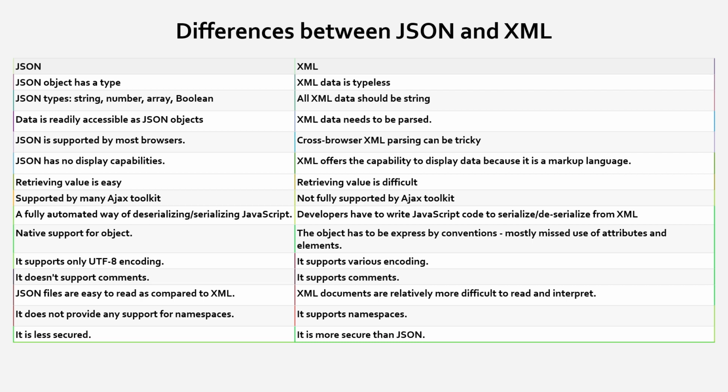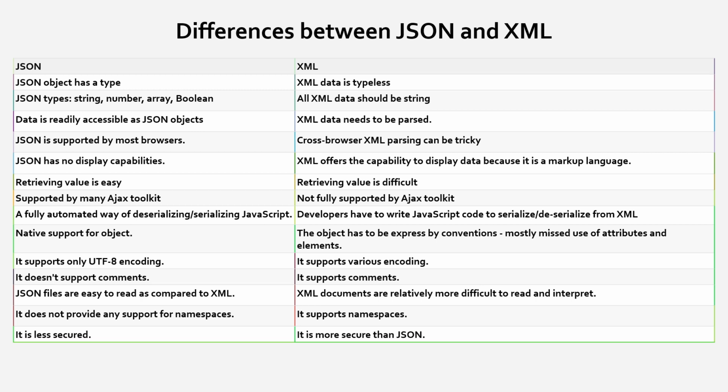Whereas in XML, developers have to write JavaScript code to serialize and deserialize XML. JSON itself is an object, so it has native support for objects. In XML, an object has to be expressed by convention.